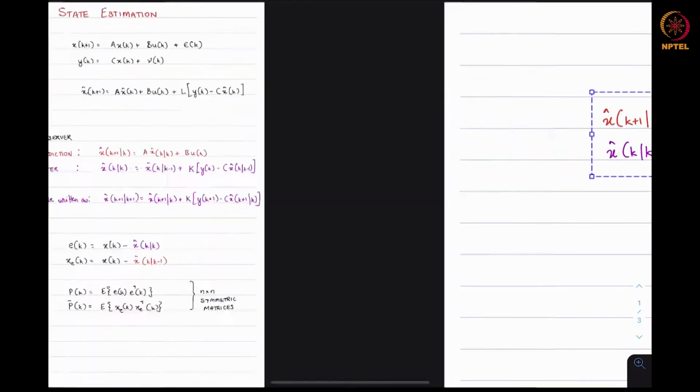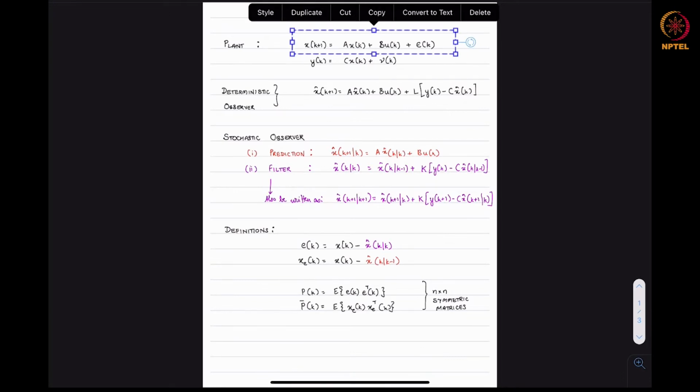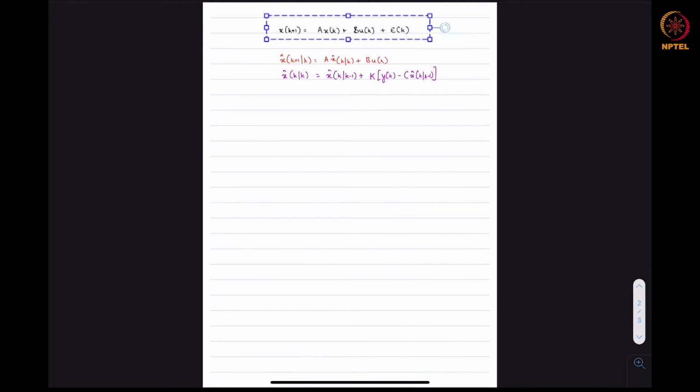And I will also copy the plant equation.